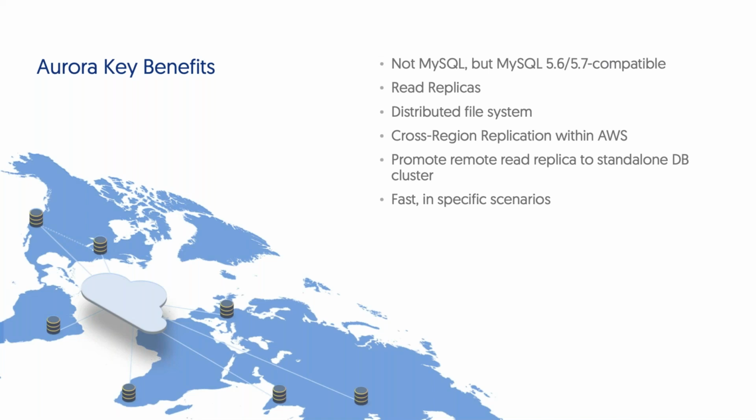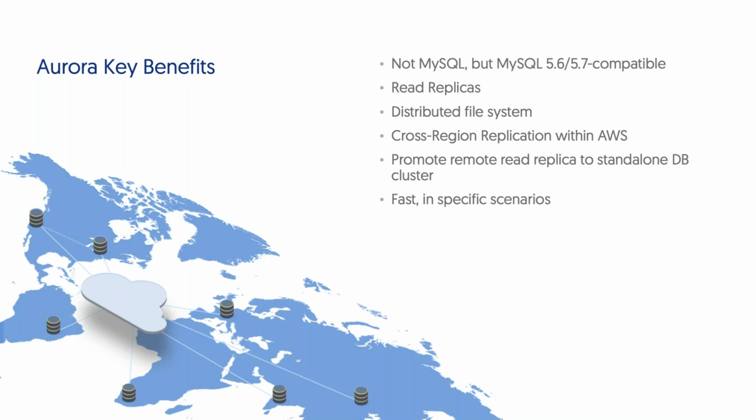It's possible to promote a remote read replica, that is a read replica in a different region, to become a standalone DB cluster. What does that mean? If we have a read replica in a different region and our primary cluster goes down, we can fire up that read replica to become a read-write cluster.